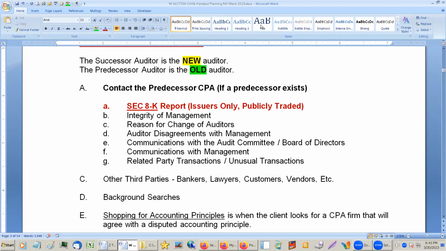Whenever a company has a big change, they file an 8K. So for instance, if a company buys a competitor, they file an 8K. If the company sells one of their brands to somebody else, they fill out an 8K. If the operations manager leaves, operations director or whatever, they fill out an 8K. So whenever there's any kind of significant change in the company, they fill out an 8K.